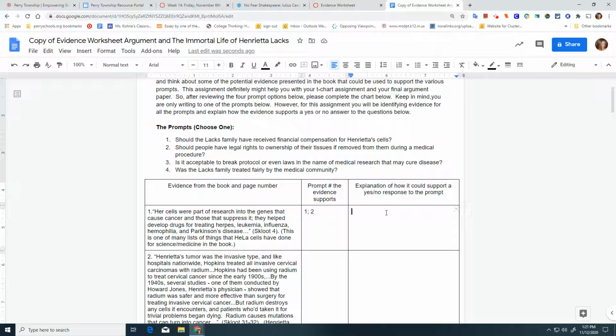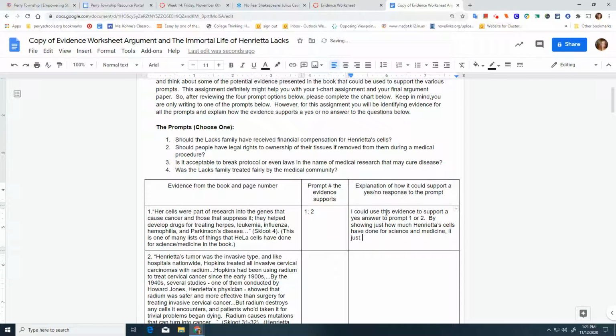Okay, so I could use this evidence to support a yes answer to prompt 1 or 2 by showing just how much Henrietta's cells have done for science and medicine.